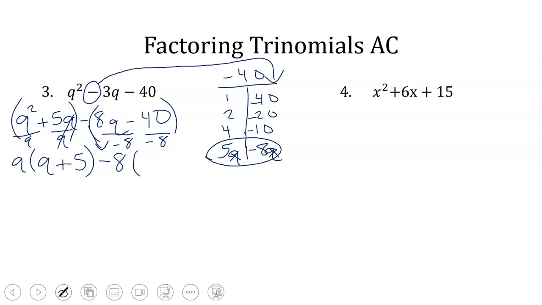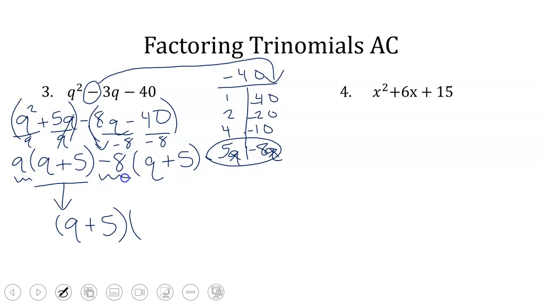So negative 8 divided by negative 8 is positive 1. So bring down your Q. Negative 40 divided by negative 8 is positive 5. Do our parentheses match? Yes, awesome. So that means we got it right. So only bring one parenthesis down and then combine your outside GCFs.